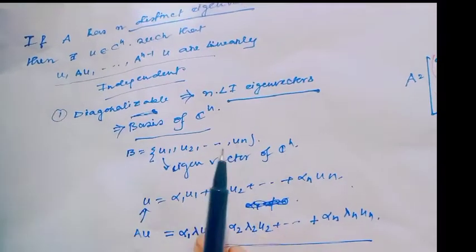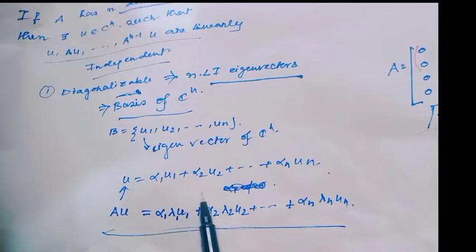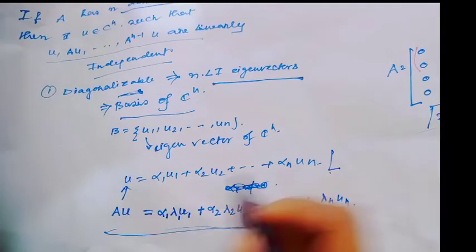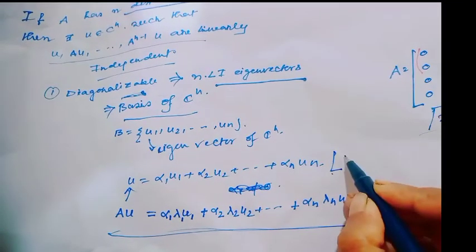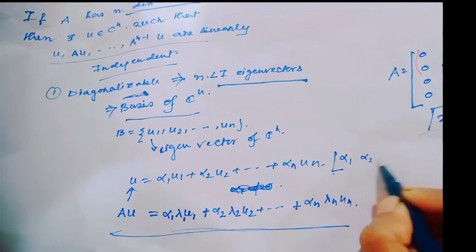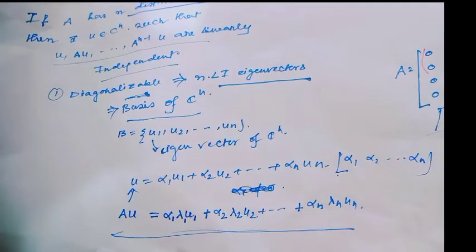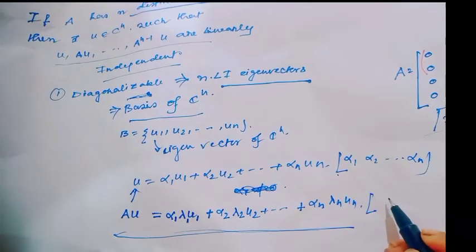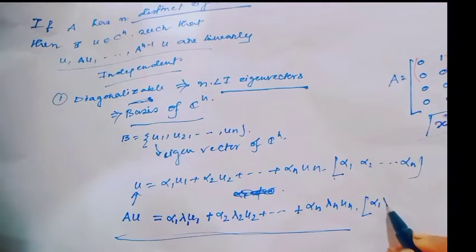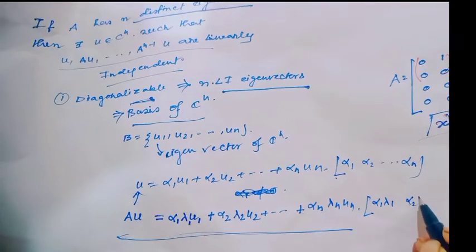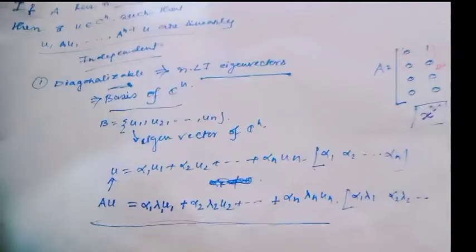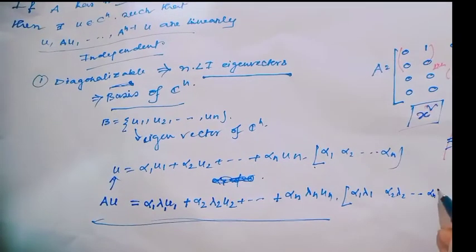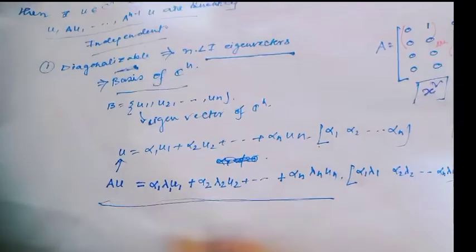For this, notice here the scalars for u would be alpha 1, alpha 2 up to alpha n, and for Au the scalars are alpha 1 lambda 1, alpha 2 lambda 2 up to alpha n lambda n. Okay.